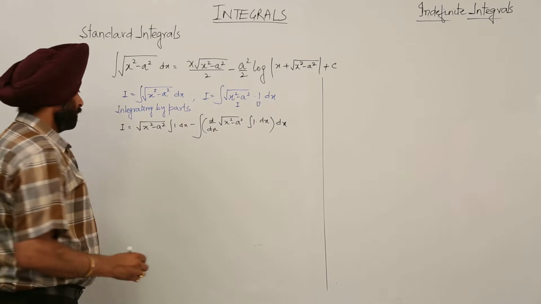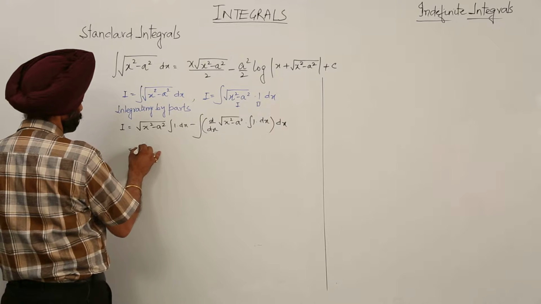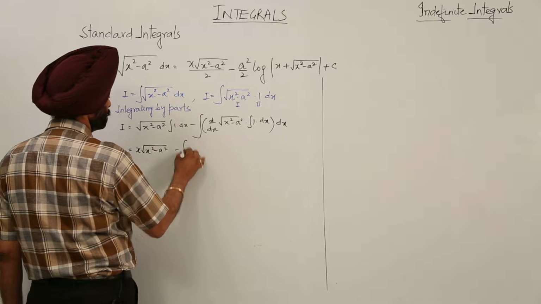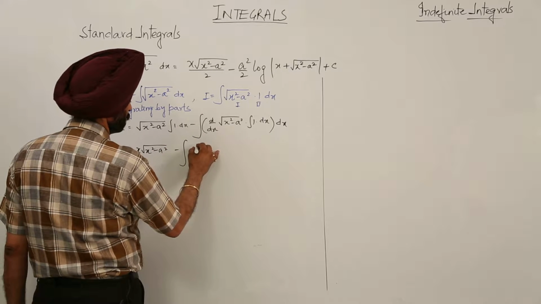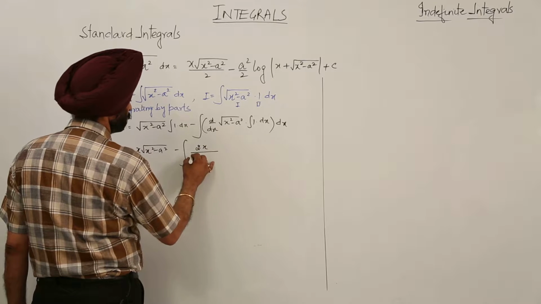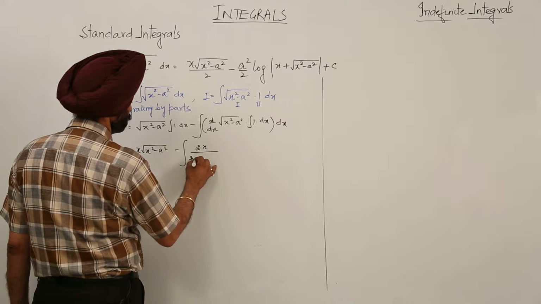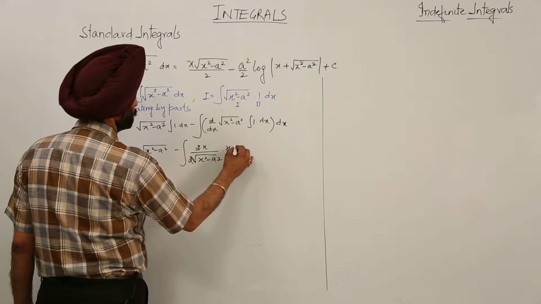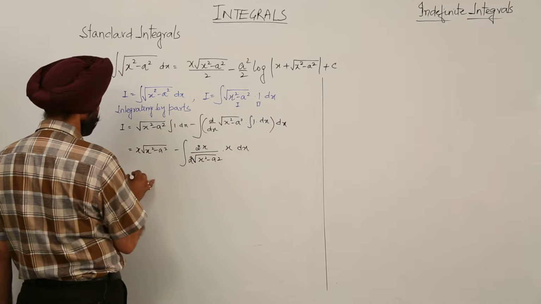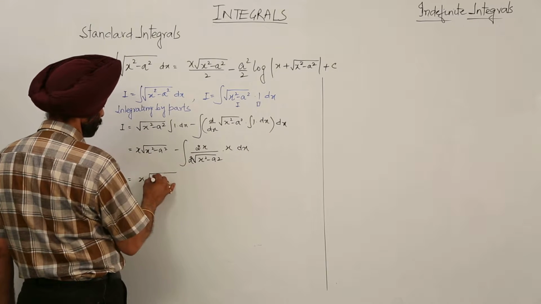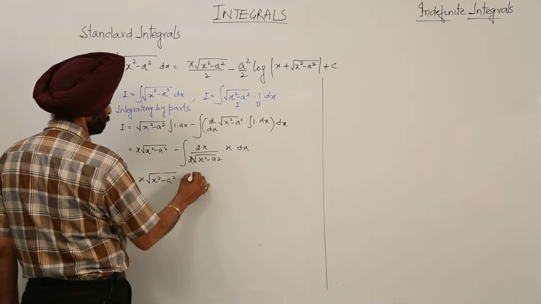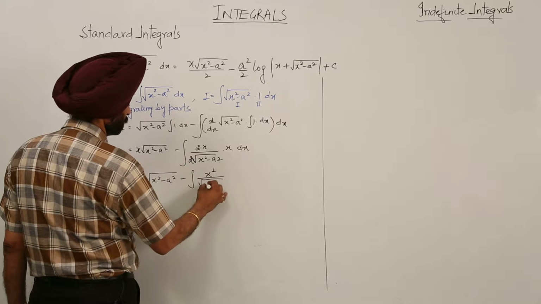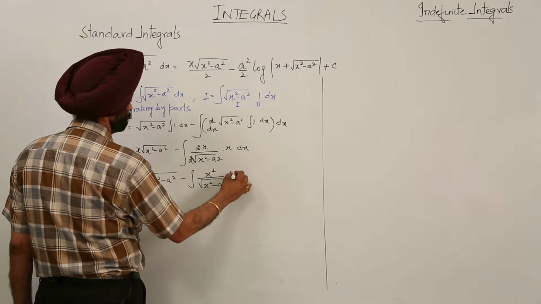Okay, now this becomes x square root of x square minus a square minus integration of 2x upon 2 square root of x square minus a square with x dx. That is x square root of x square minus a square minus integration of x square upon square root of x square minus a square dx.